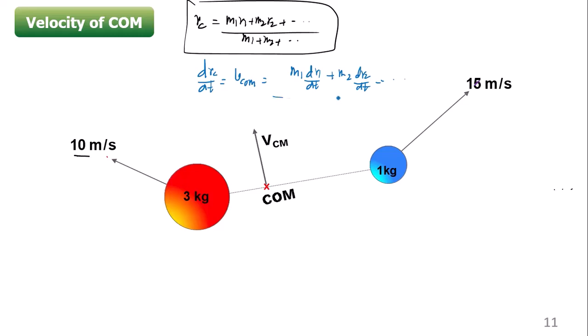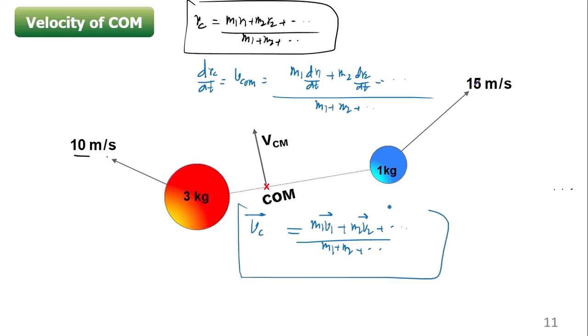The denominator is m1 plus m2 plus m3. So ultimately, V center of mass equals m1 into velocity of 1 plus m2 into velocity of 2 plus so on, divided by m1 plus m2. But these velocities are to be in vector format. So that will be the velocity of the center of mass.